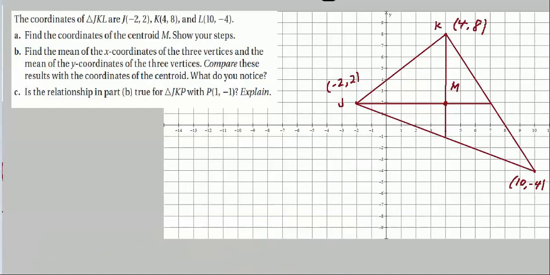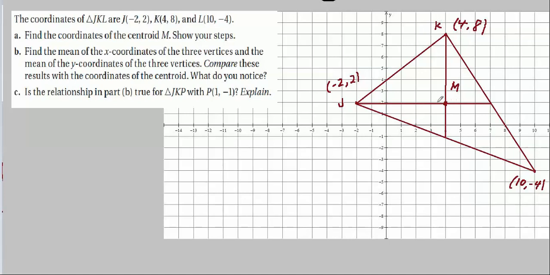Now we're going to find the centroid. They've given us the coordinates of the vertices of triangle JKL. Our job, should we choose to accept, is to find the coordinates of the centroid. What's the centroid?